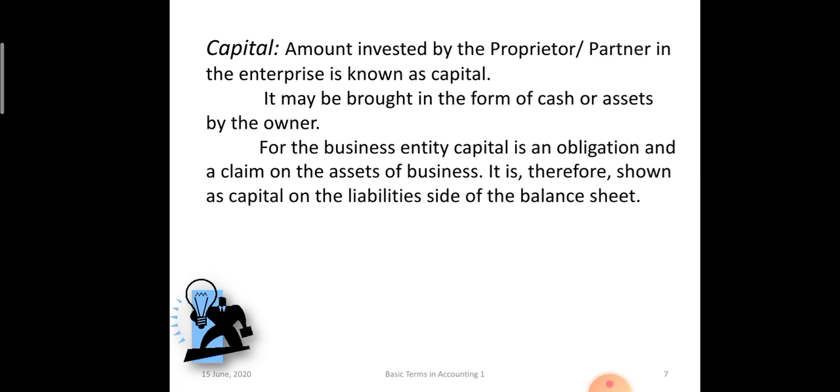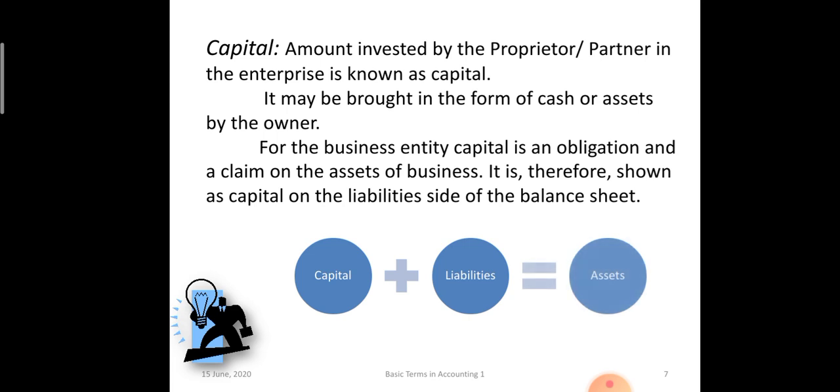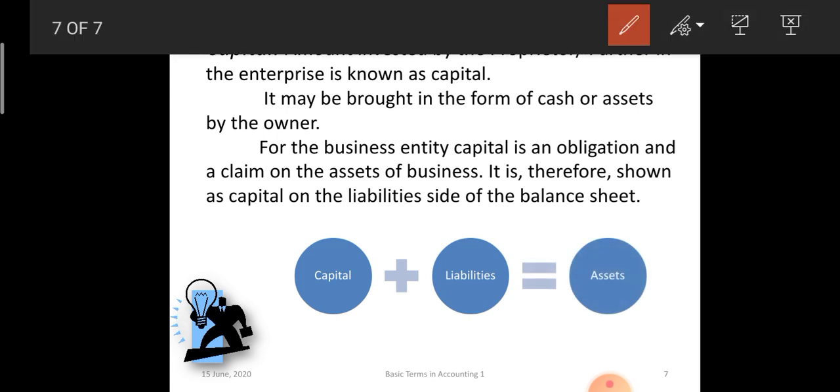So for the business entity, capital is an obligation, therefore it is shown on the liability side of the balance sheet. So capital plus liability is equal to total assets. Now what is capital?